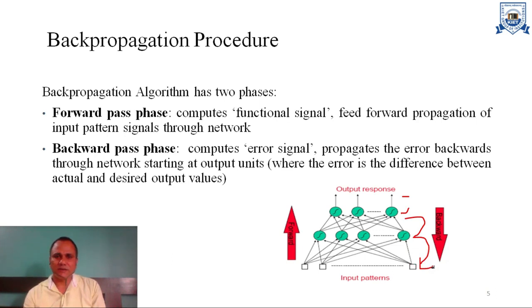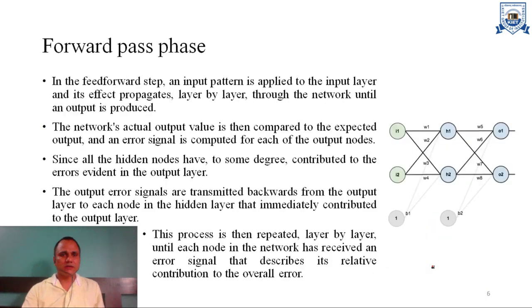So this is the way our algorithm works, based on the first forward pass phase and the second backward pass phase. Now let's explore how the forward pass phase works.